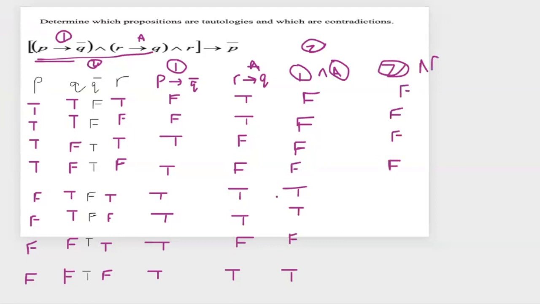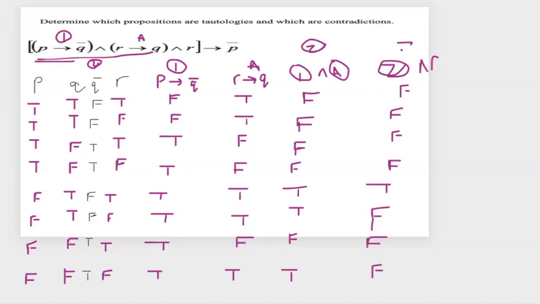Then I have true, true, so that's a true. Then I have false and a true, so that's a false. And then I have true and a false, so that's a false. And finally, I have false and a true, so that's a false.